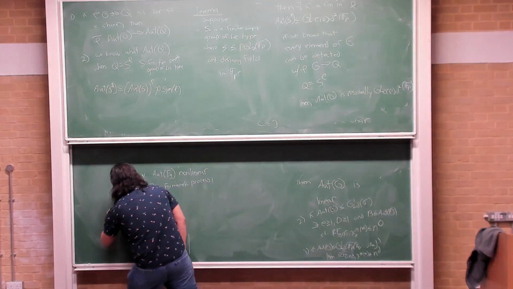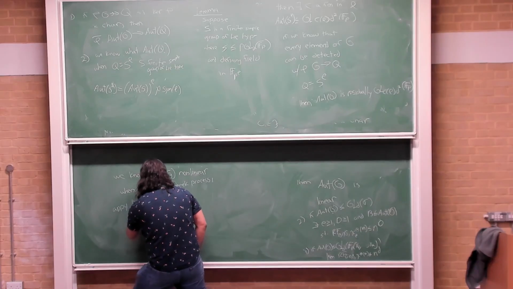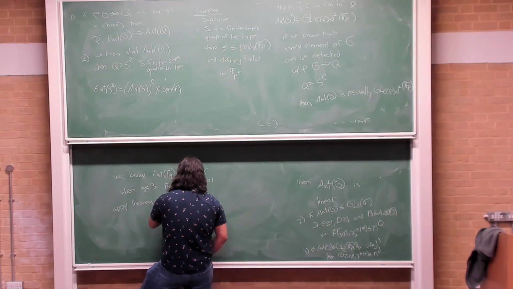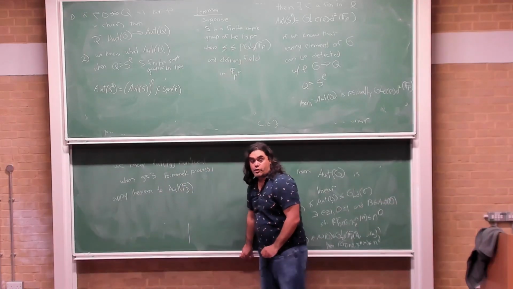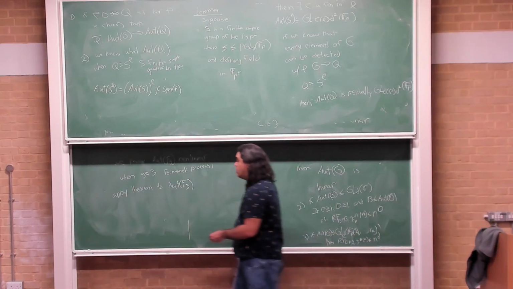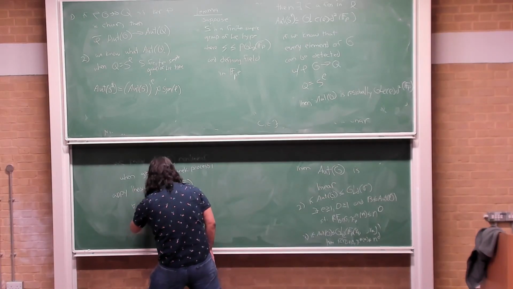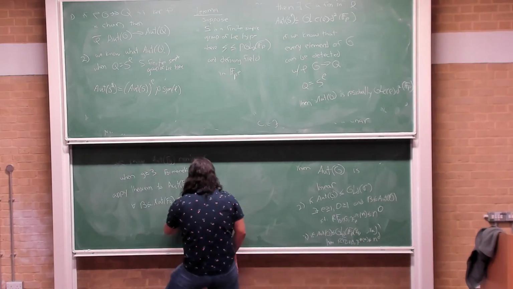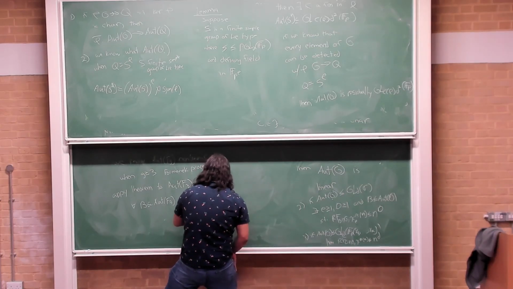So when we apply our theorem to Aut of F_3, we know that for all finite index subgroups, the intersection with F_3 fails to be linear.